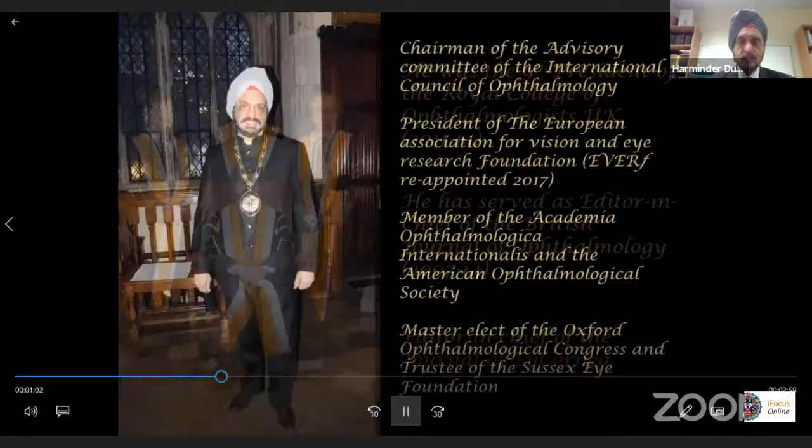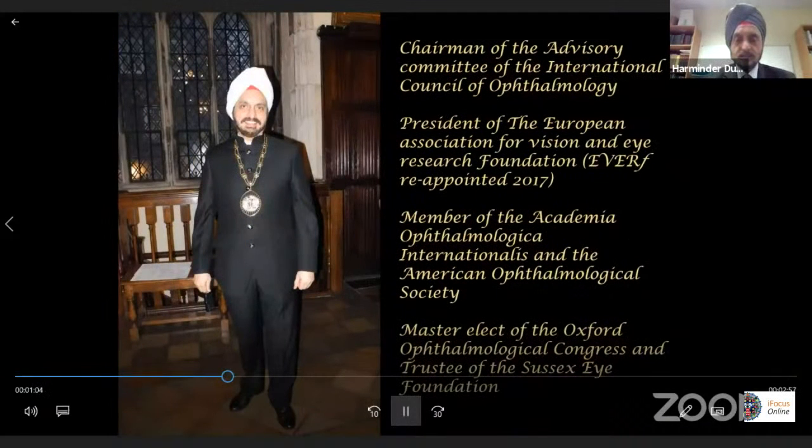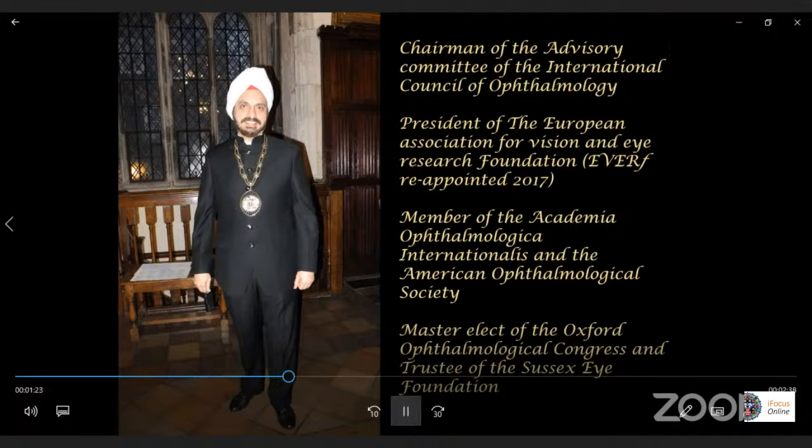He is also the Chairman of the Advisory Committee of the International Council of Ophthalmology, the President of the European Association for Vision and Eye Research Foundation, member of the Academia Ophthalmologica Internationalis and the American Ophthalmological Society. He is also the Master-elect of the Oxford Ophthalmological Congress and trustee of the Sussex Eye Foundation.